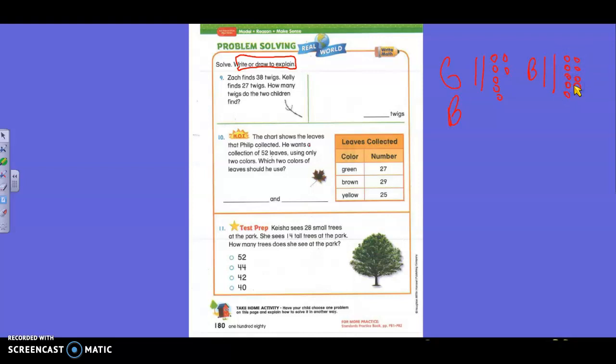Okay. So what do I need to do? Which one has more ones? Brown. Yeah, brown has more ones. So let's take 1 from over here and bring it over here, right?